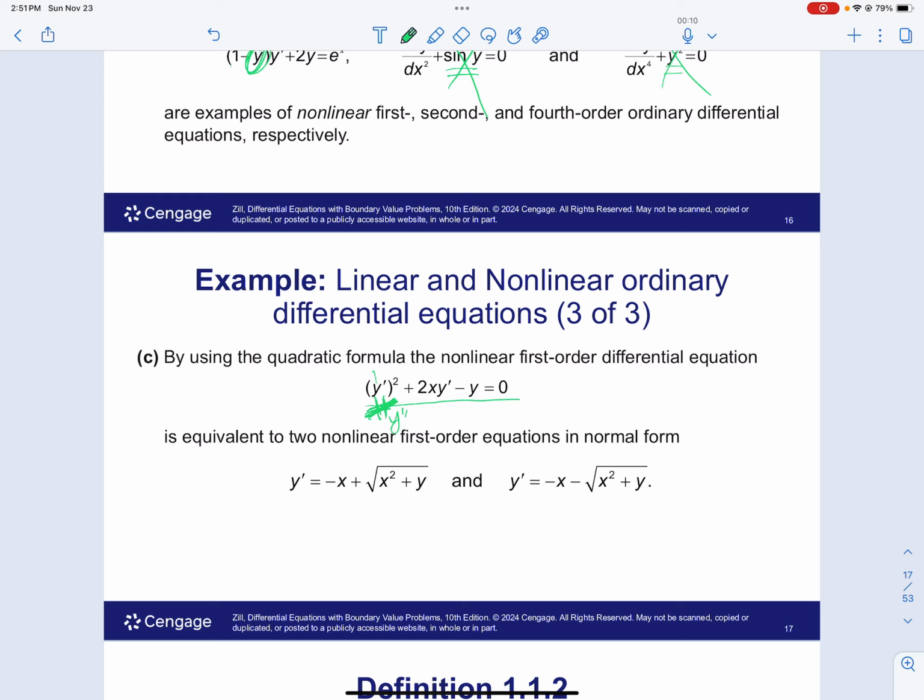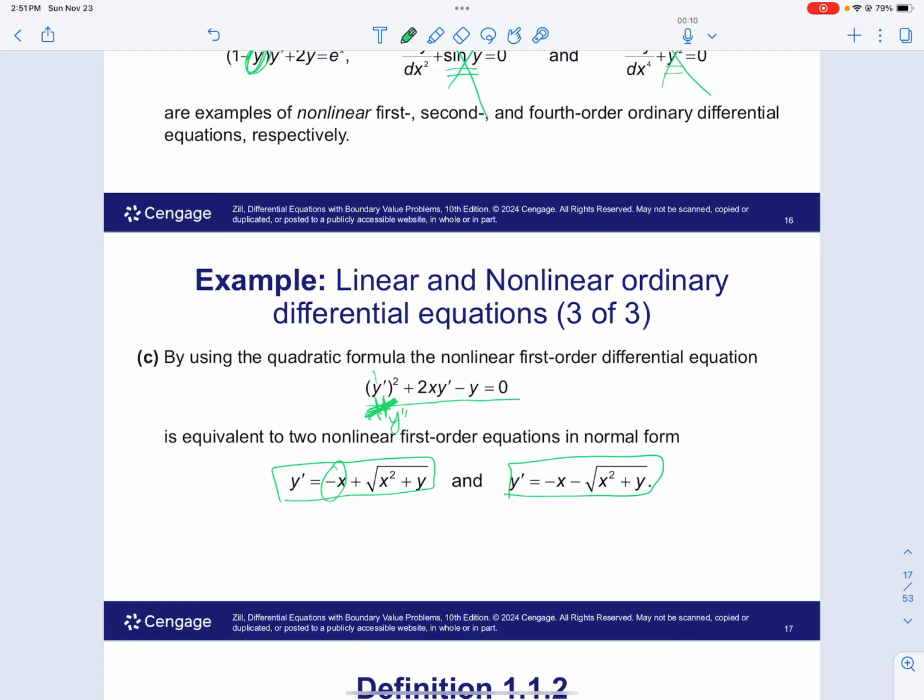When we learned in algebra, we can solve the first order equation for y prime using what formula? It's called the quadratic formula. So we want to ask: if we have y prime equal to this, is this linear?